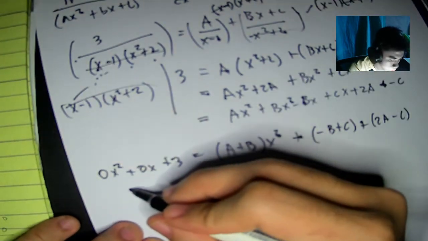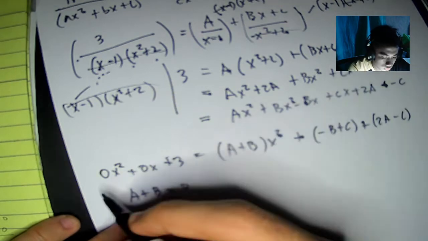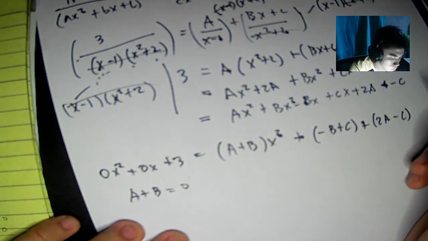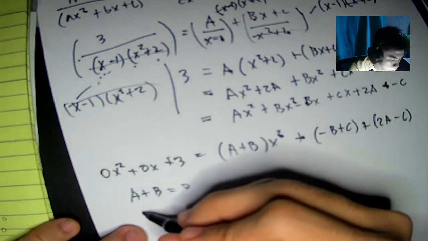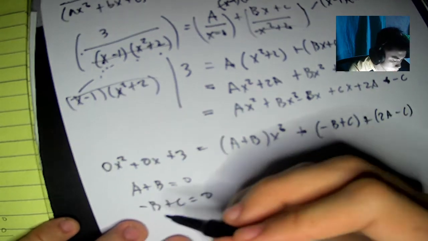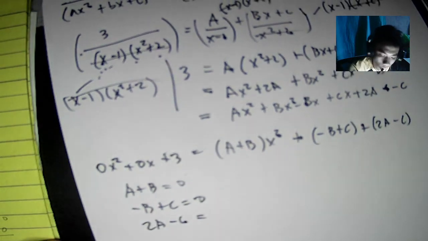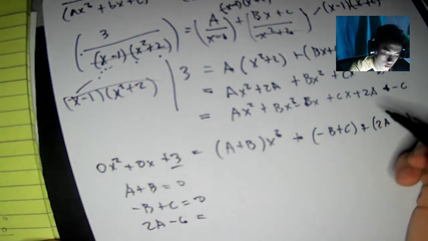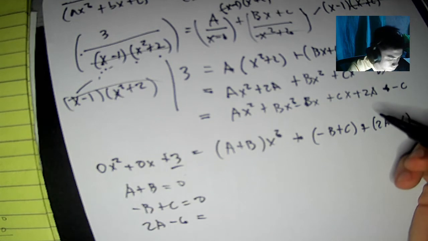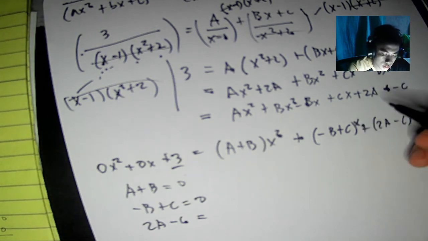So in this case, let's find a plus b. A plus b is equal to 0 because of the x squared. Negative b plus c is equal to what? 0. 2a minus c is 3. We'll have x here, I'm sorry, but still it is 0.